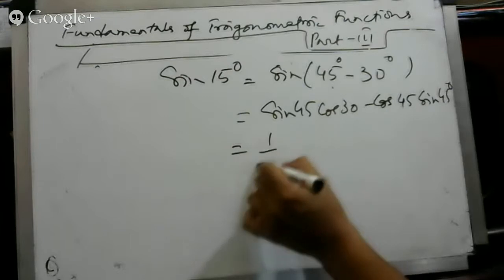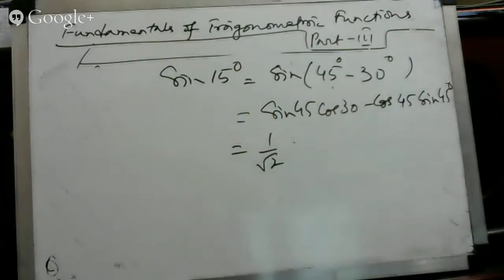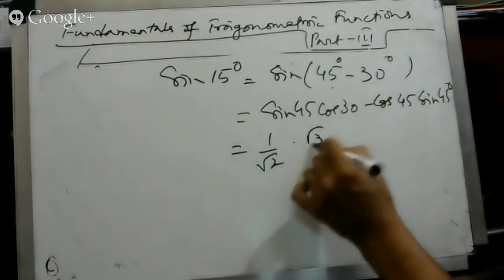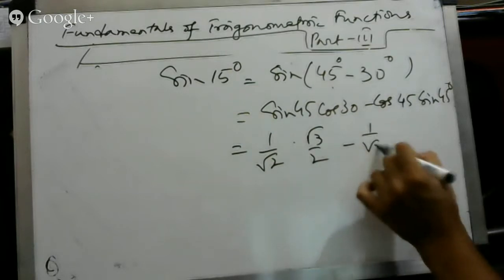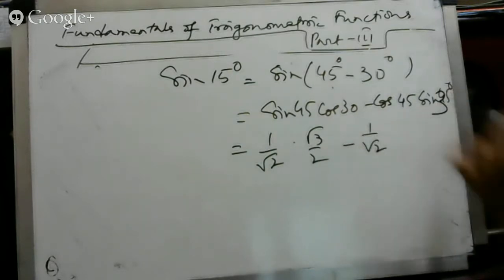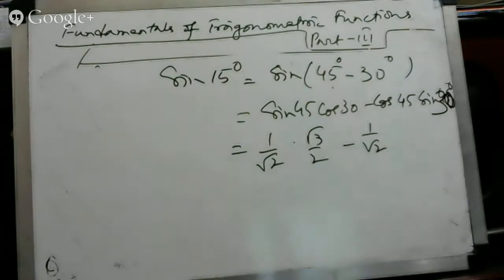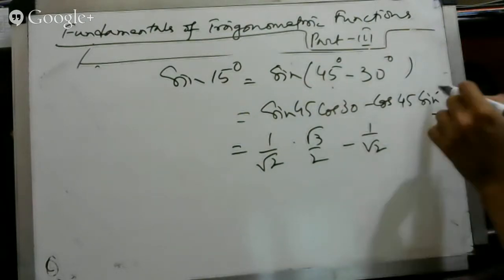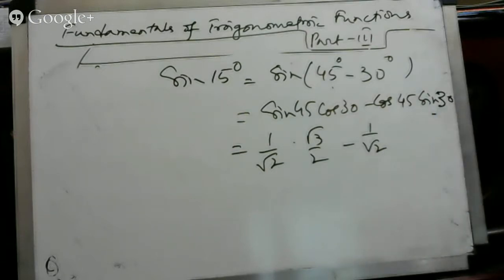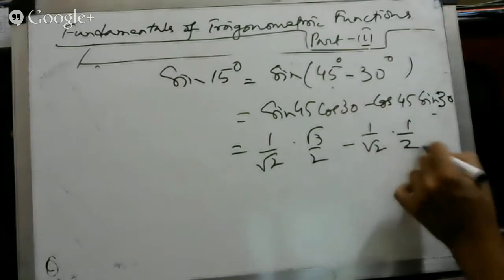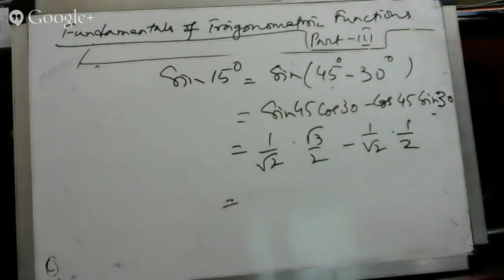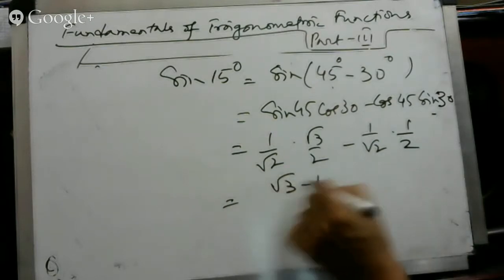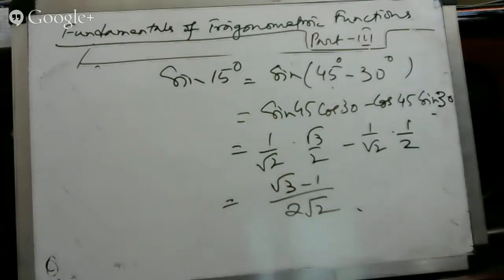Sine of 45 is 1 by root 2. Cos of 30 is root 3 by 2. Cos of 45 is 1 by root 2, and sine of 30 is 1 by 2. So that becomes (root 3 minus 1) divided by 2.